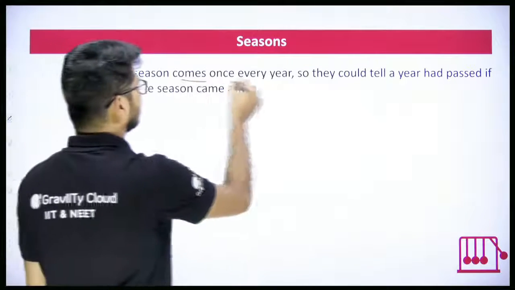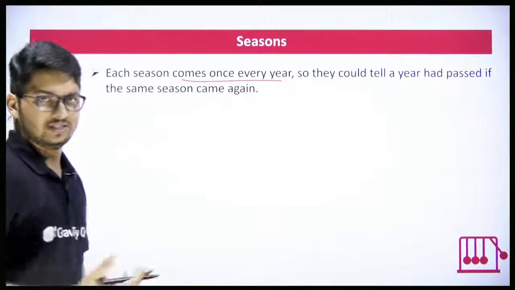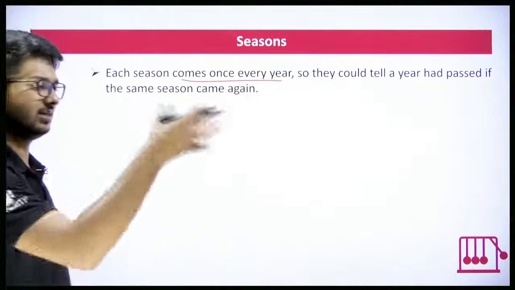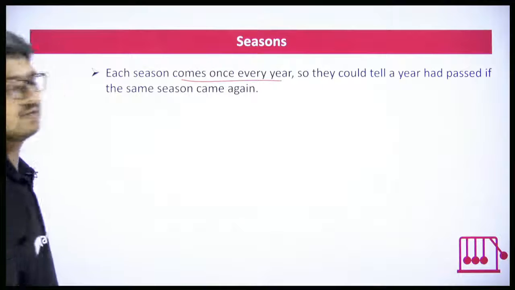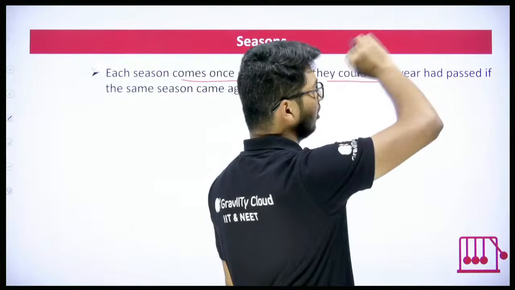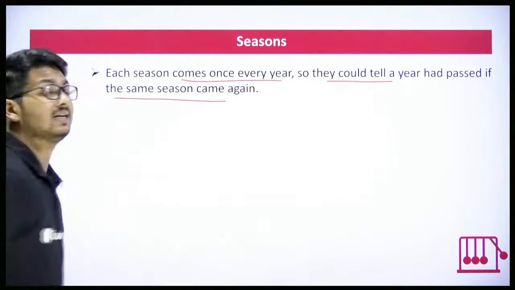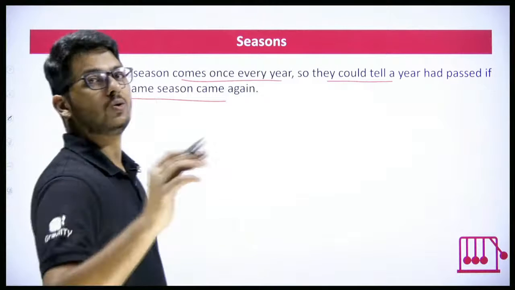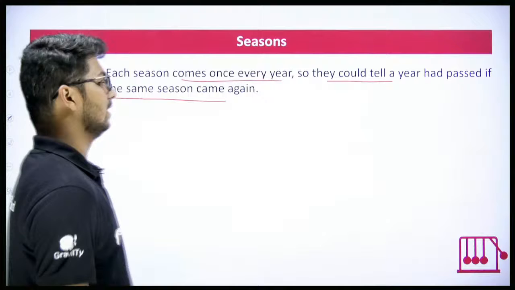Each season comes once every year: rainy season, winter season, summer season, and so on. So people long back could tell a year had passed if the same season came again. Now winter has passed; if winter comes again, it means it is 1 year.